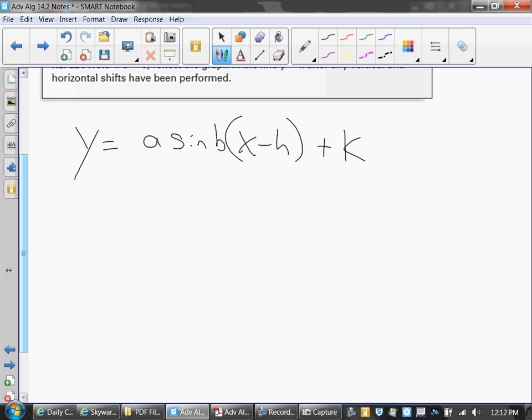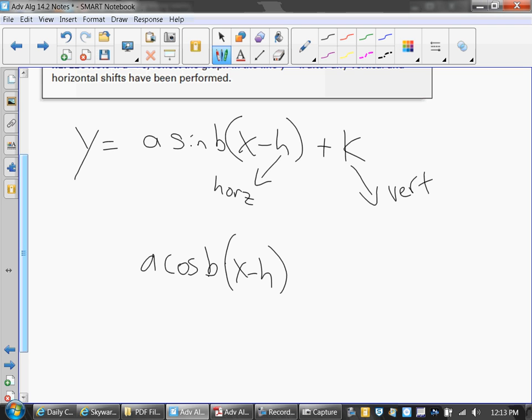What does the h stand for again? It's your horizontal shift, and k is your vertical shift. Same thing goes for y equals A cosine B times the quantity x minus h, plus k. They look identical to one another. We do the same stuff like you would with either one of them.